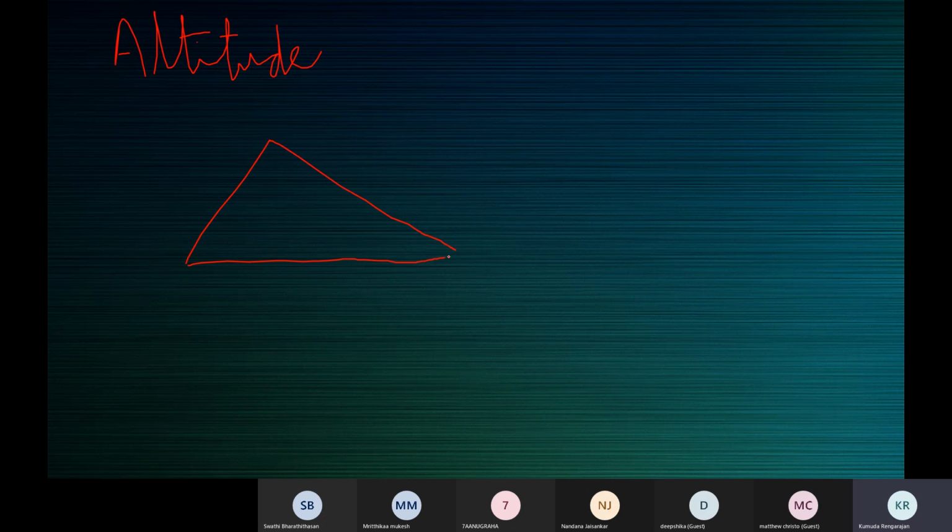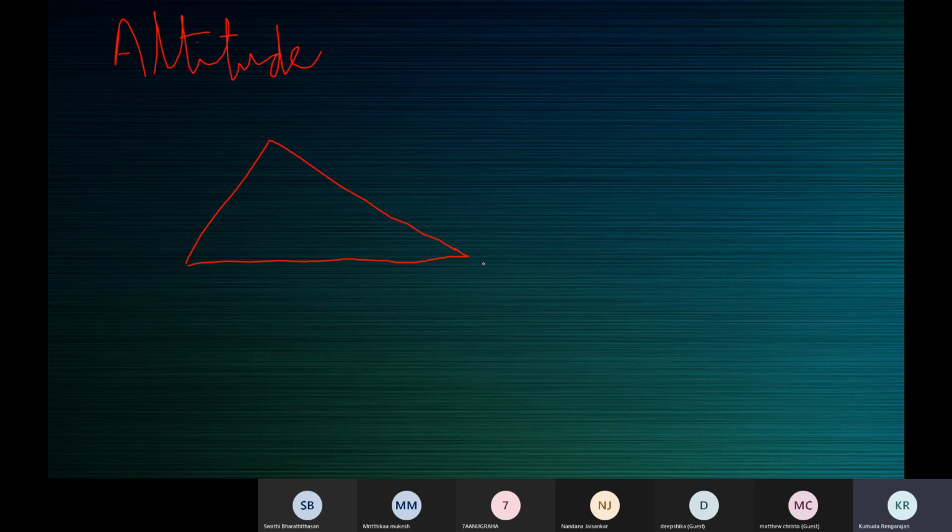How do you classify triangles based on the sides? Ma'am, equilateral, and then we have scalene and isosceles, ma'am. Yes, we can classify triangles based on sides and based on angles.